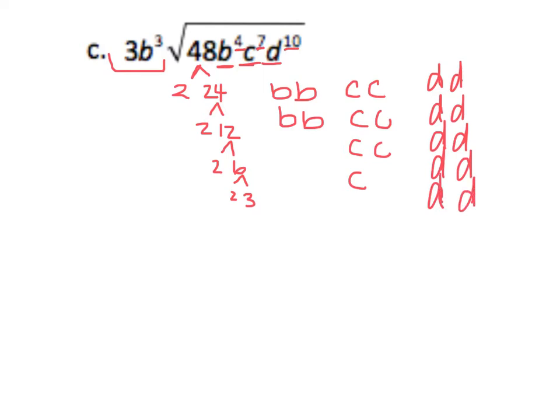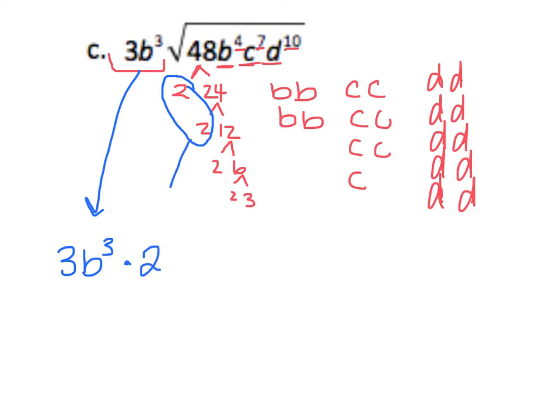Okay, so now that I have everything broken down, I'm going to look for my groups of 2 because it's a square root. So here's one group of 2. So here's where I'm going to bring this down. 3b to the 3rd. I have a 2 from here. I have another group of 2. Now the variables.